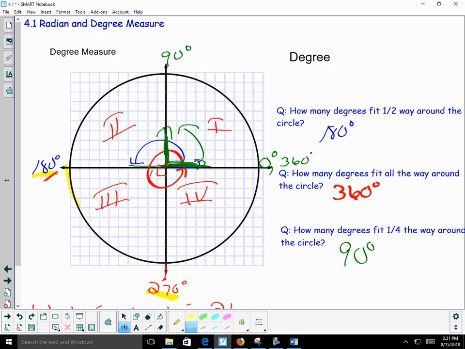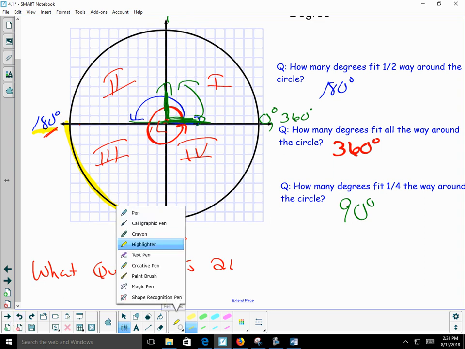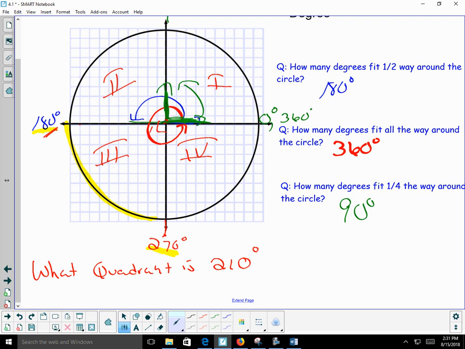So that has to fall somewhere in this area here. To answer this question, I don't have to know exactly where that angle is, it's just asking me what quadrant it is in. I'm going to say 210 is in the third quadrant. Just a refresher, you need to name your quadrants with Roman numerals. They start first quadrant, 1, 2, 3, 4, and they go counterclockwise, which supports this trig idea that a positive angle goes in a counterclockwise direction.